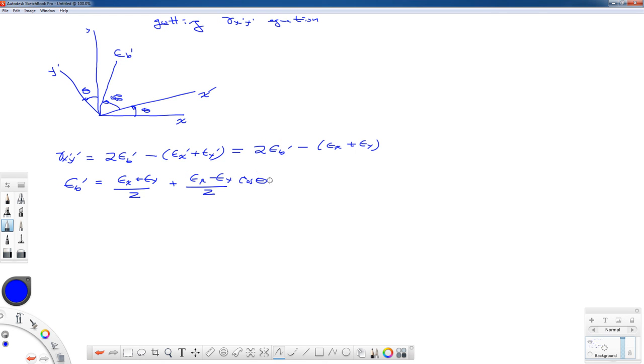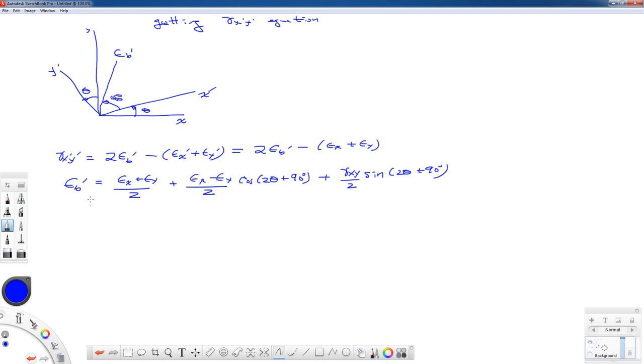So instead of theta, what I need right here is 2 theta plus 90 degrees. And then I have my shearing strain gamma xy over 2 times sine of 2 theta plus 90 degrees.